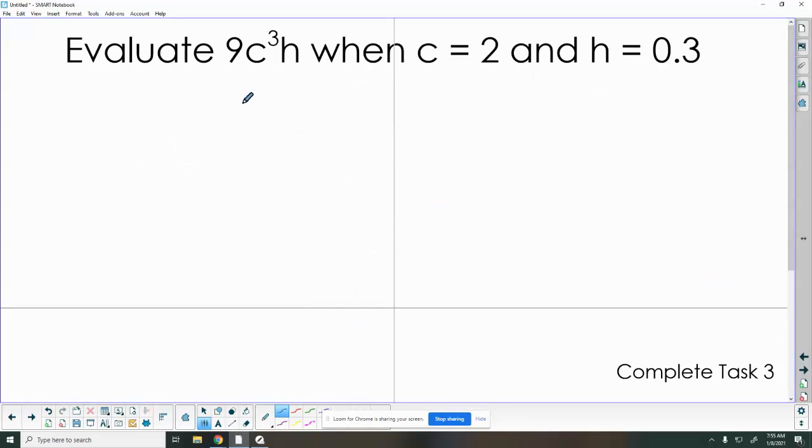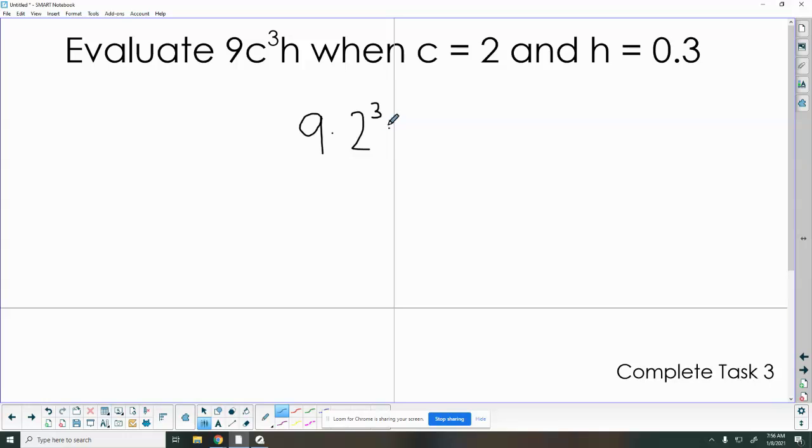Okay, we're going to try one more before I have you try the ones on task 3 today. So we have 9c cubed h. So 9 times c cubed times h. C equals 2 and h equals 0.3, 3/10. So see if you can plug in 2 and 0.3 where they go, and let's see what our new expression looks like. So we have 9, and we're going to multiply by C, which is 2, and C is cubed.